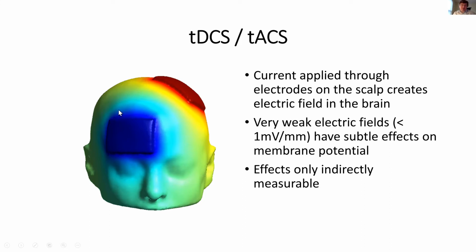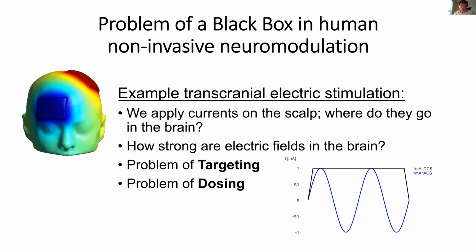Yeah, so going back, for those methods, you apply those weak currents through these electrodes attached to the scalp and have a more subtle electric field in the brain, where those effects are more indirect. So those are those two main methods.